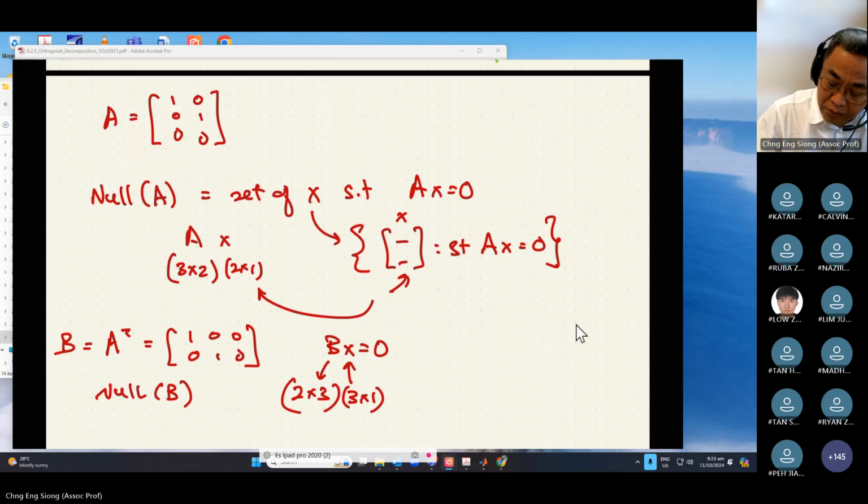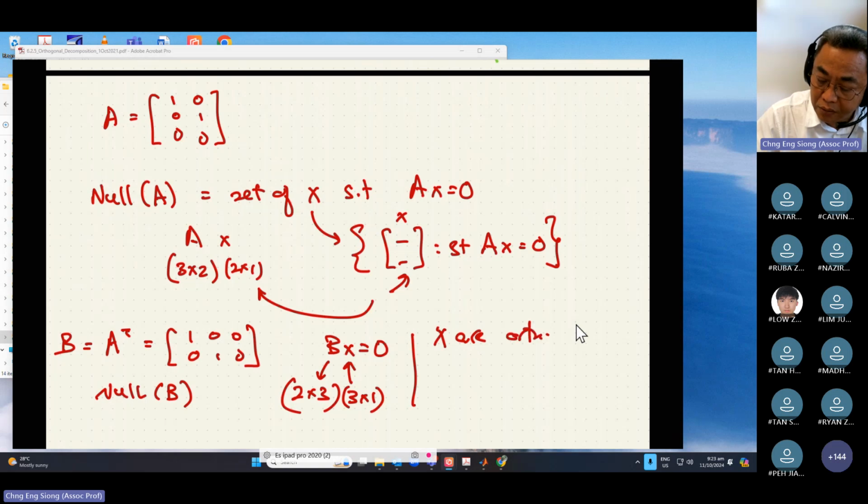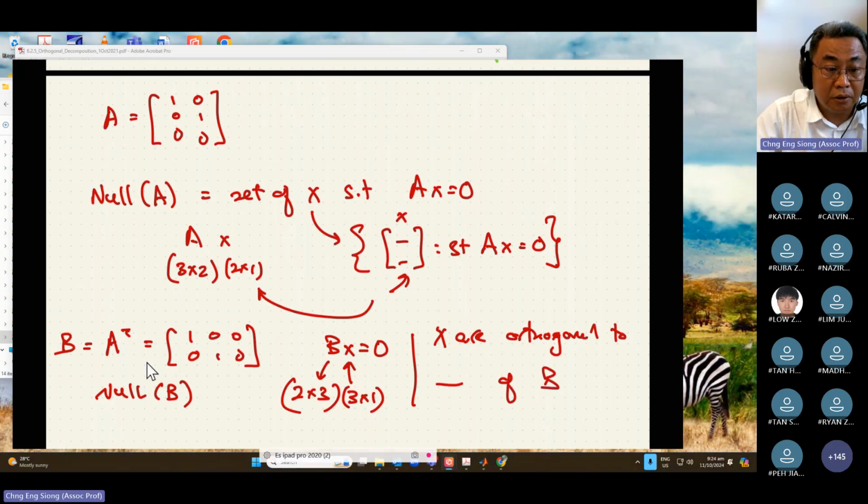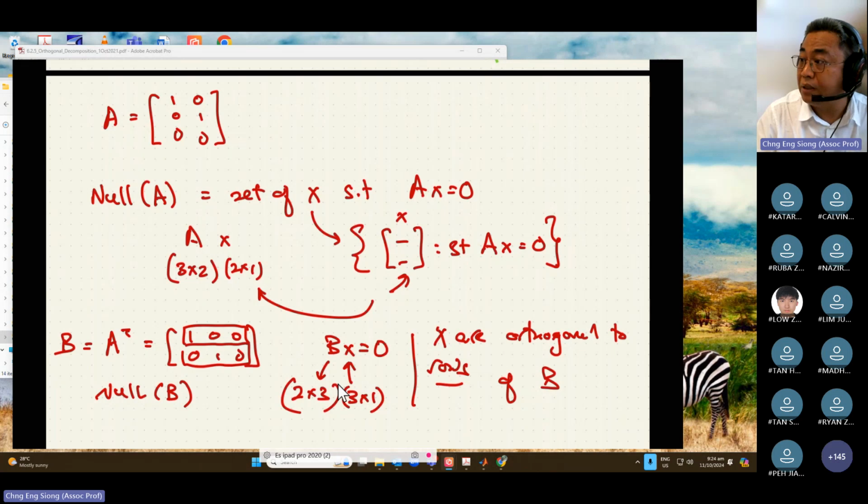So the X are orthogonal to who, guys? The X are orthogonal to what of B? The rows of B. Ignore this first.